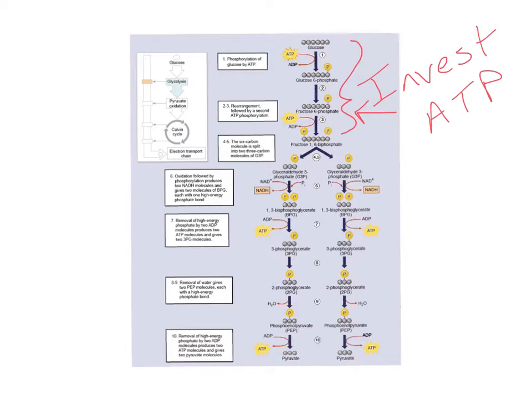The next step, at this step right here, this is cleavage, right? And so at this stage, what we're doing is we're cleaving that molecule into 2 parts. And that's what this step did.